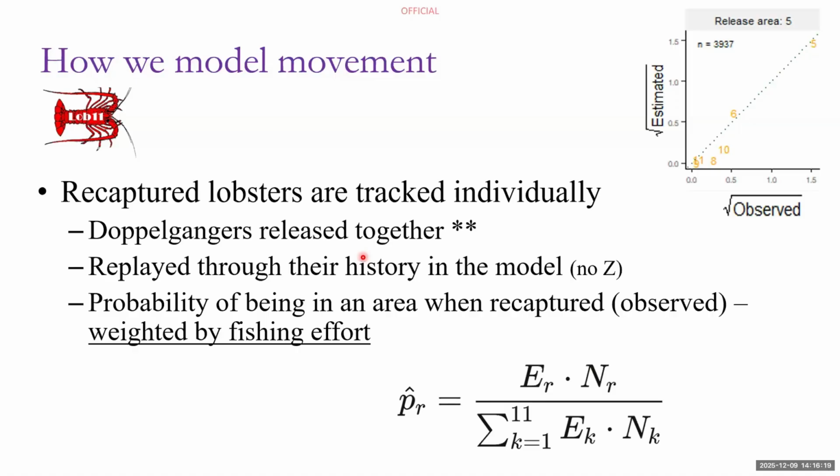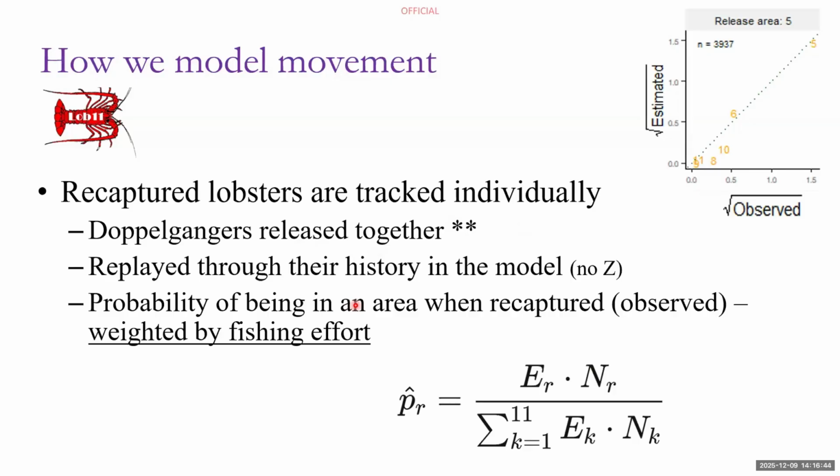And the important thing that we discovered when we were going through this was the requirement to weight the recaptures by the efforts in those areas. So we're quite lucky in that we have quite fine scale data records.